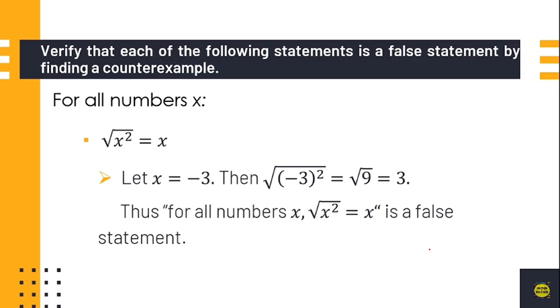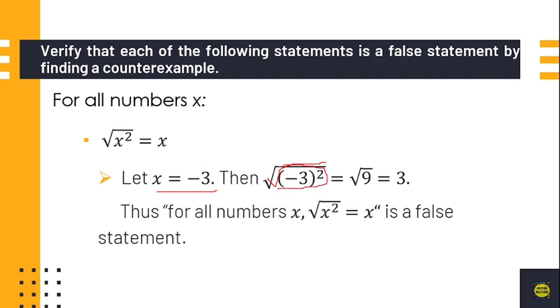Next, for all numbers x, the square root of x squared is equal to x. Let's have an example. Let x equal negative 3. Then the square root of negative 3 to the power of 2, class.